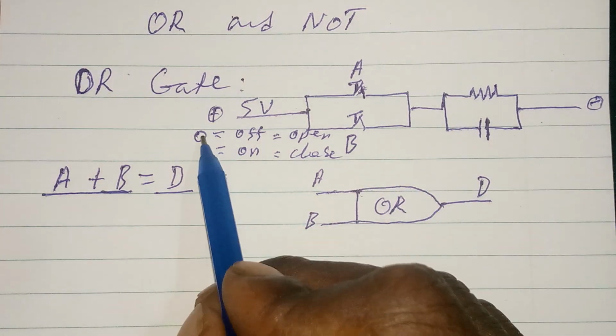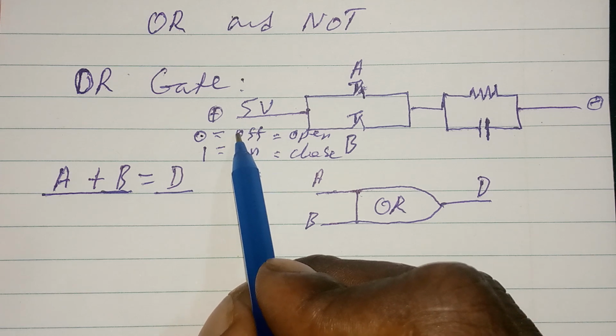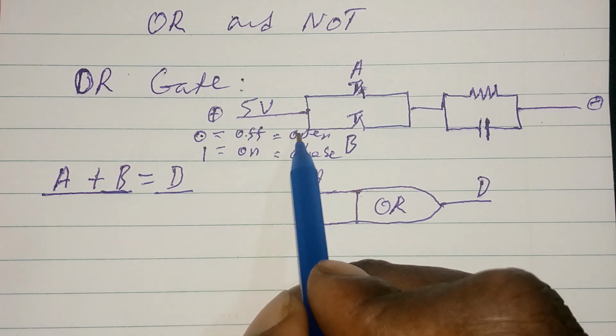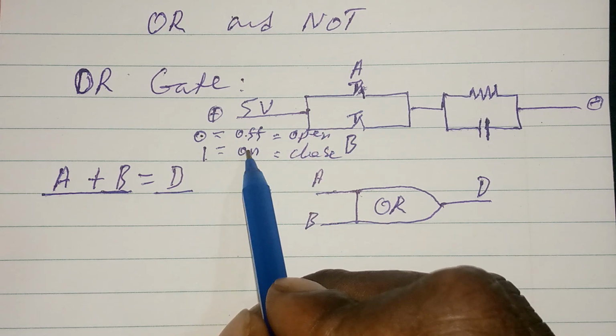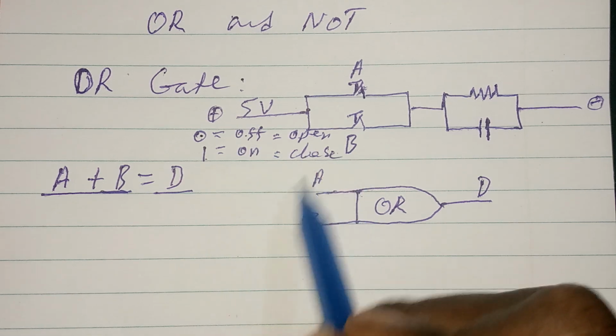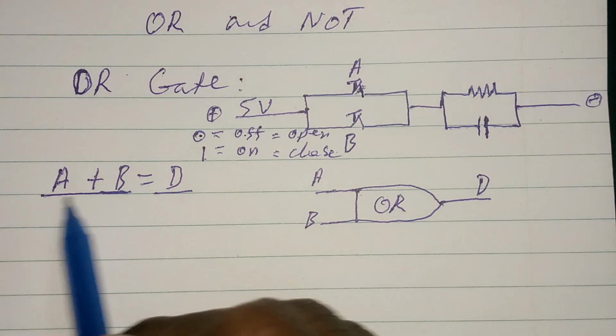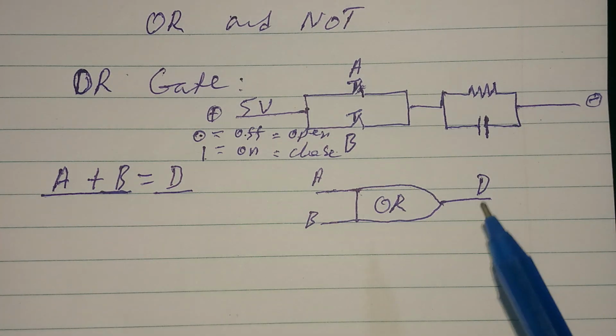So if you see 0, meaning the circuit or the switch is off or the switch is open. If you see 1, meaning the circuit is on or the switch is definitely closed. So now we are considering the truth table of the OR gate.